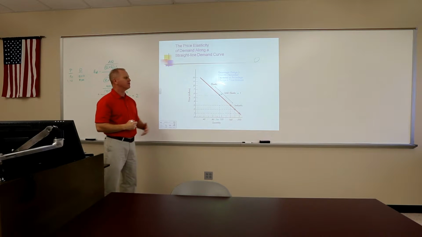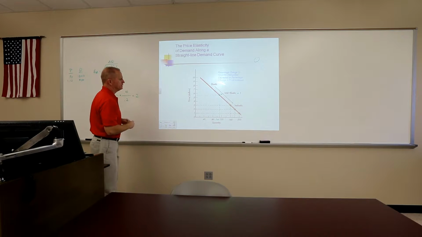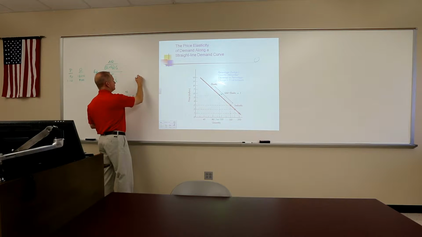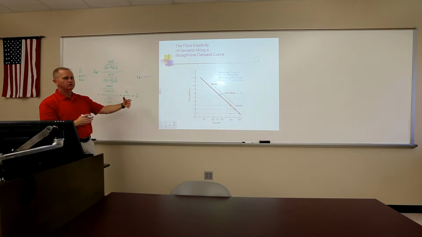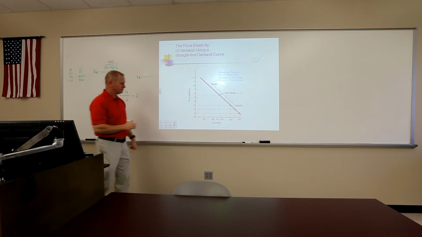We can go ahead and do that real quick. Use this formula again. I'll kind of expedite it a little bit. The change in Q is between 110 and 120. I had to put the, actually it's not 110, it's 100, isn't it?